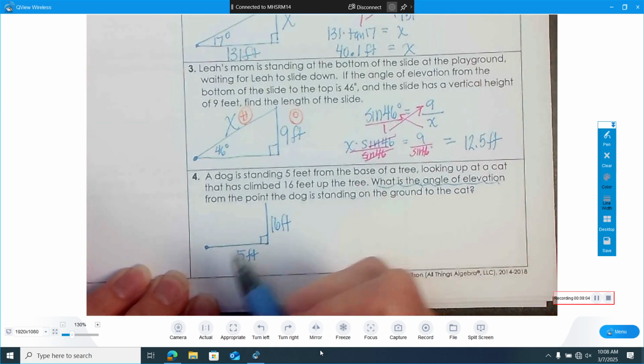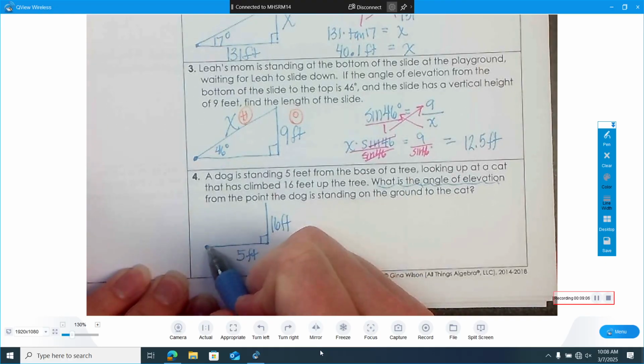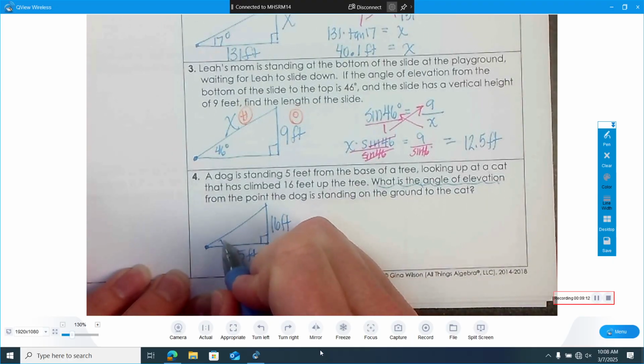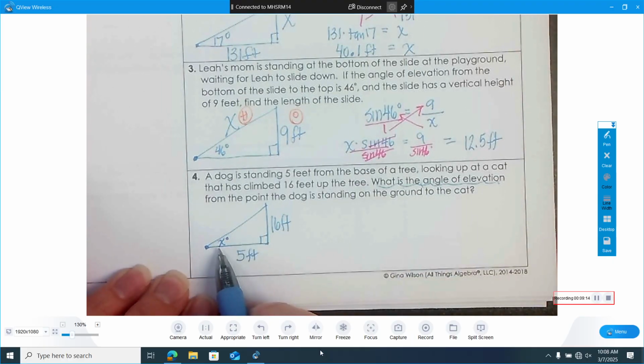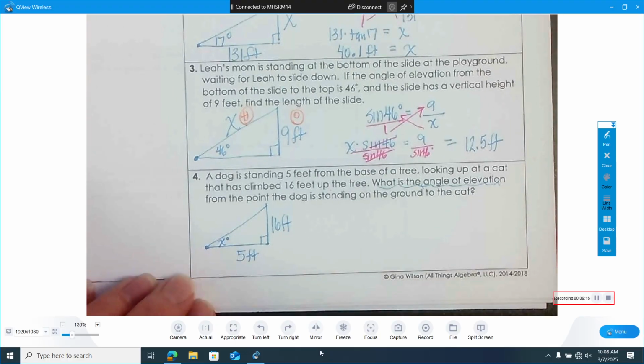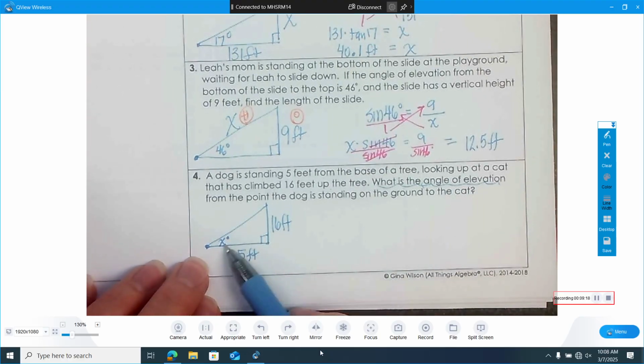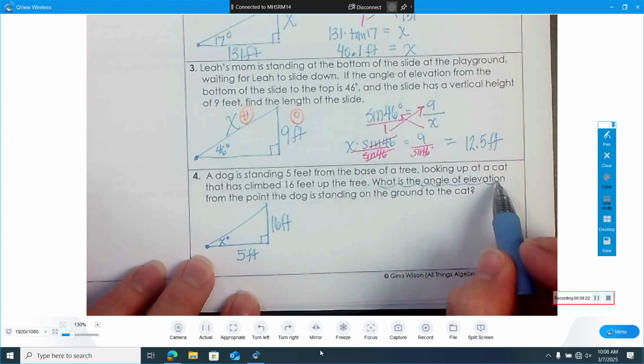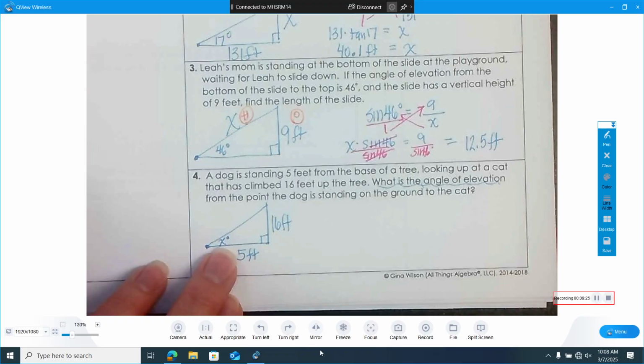Shh, guys, quiet please. What is the angle of elevation? Where's our x in this problem? It is the angle. We want to know the angle of elevation from the dog to the cat. It's asking what is the angle of elevation. So we're actually finding the angle here.